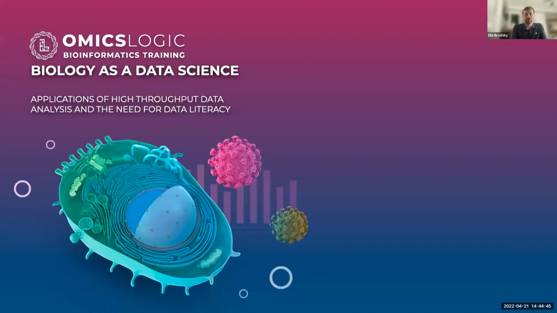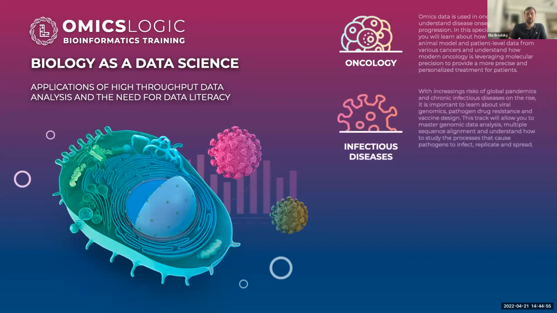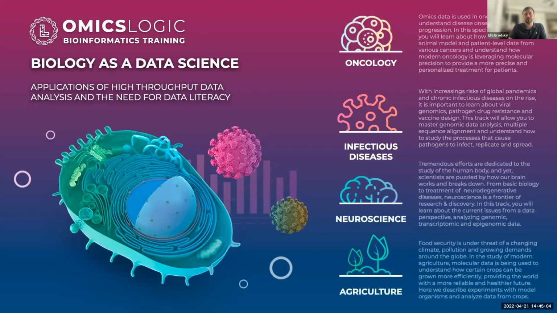In addition to that, we have specialization tracks that are really papers from that domain, explained in terms of their bioinformatics methodology, providing the technical and reproducible tools for someone else to replicate that study. And it covers oncology, infectious diseases, neuroscience, and agriculture.